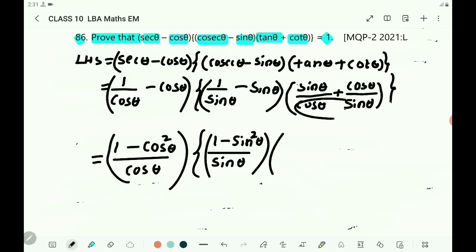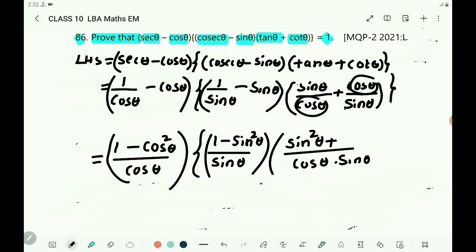Here the LCM is cos theta into sin theta, and the numerator becomes sin theta into sin theta, sin square theta, plus cos theta into cos theta is cos square theta.